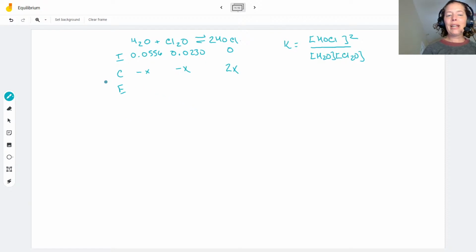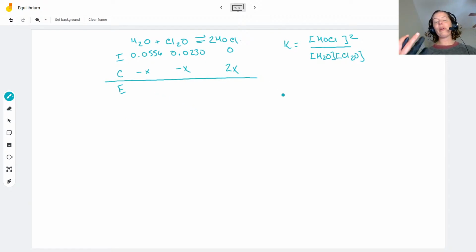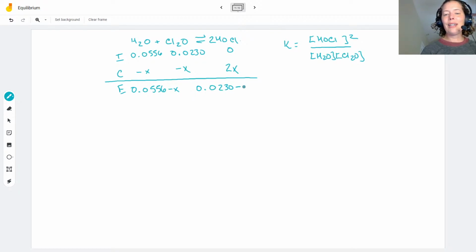Okay, so back to my ICE table. To get my equilibrium concentrations, of course, I just add down the column. So my equilibrium concentrations are kind of these gross expressions. Here, I'll put parentheses around them so you can see what they are. And then, of course, it's just going to be 2X for my product.